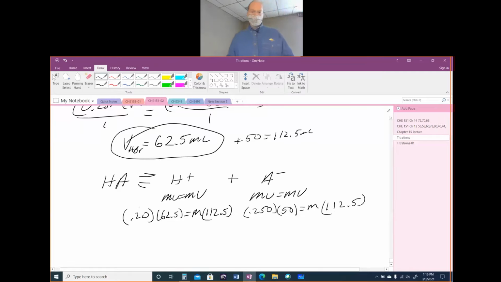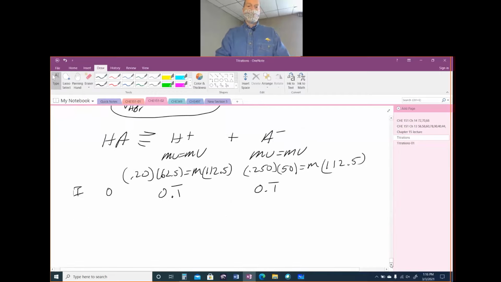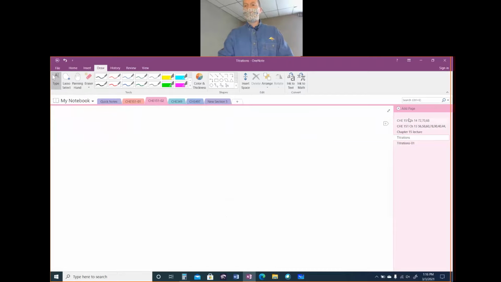So this is 0.1 repeating. 0.25 times 50 divided by 112.5, and that is also 0.1 repeating. All right, so we didn't make any mistakes. At the equivalence point, they have to be exactly the same. And so now we subtract the smaller number, the equivalence point, they are the exact same number.